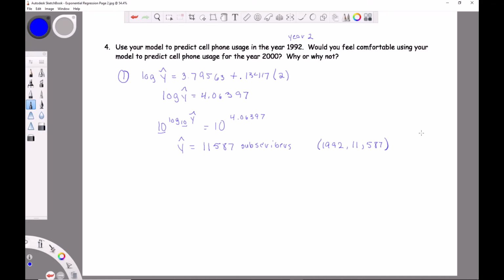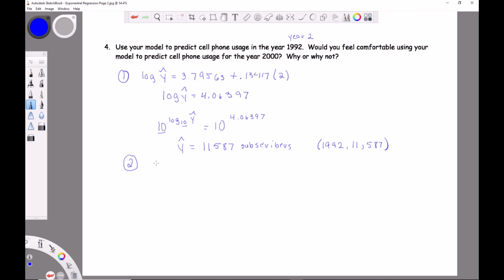All right, so as far as predicting for the year 2000, our domain only goes up to 1999. So we're looking at trying to predict beyond the domain, and that's not good.